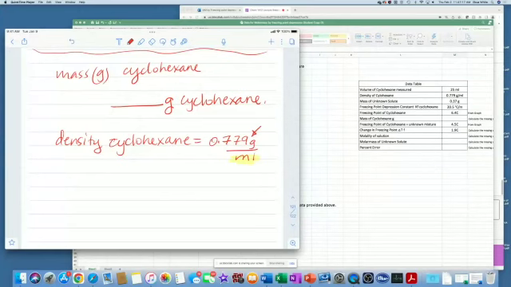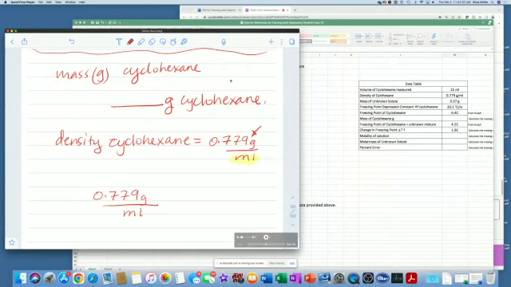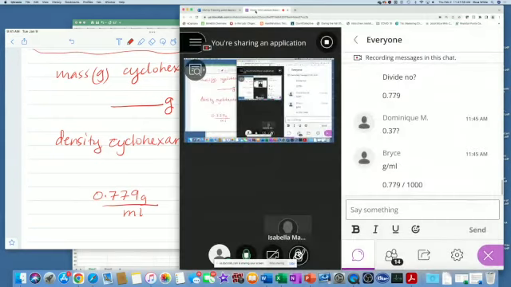So how do we use the density to get the grams? How do we get rid of the milliliters? Think about dimensional analysis. We have 0.779 grams per milliliter. We get rid of the milliliter by doing what?